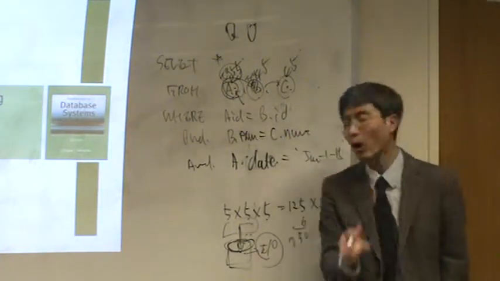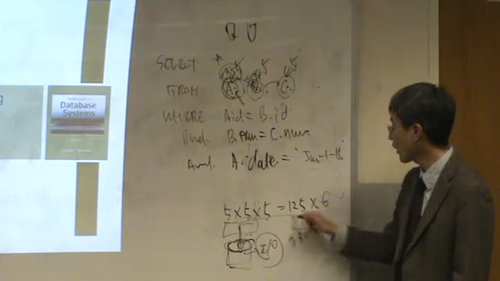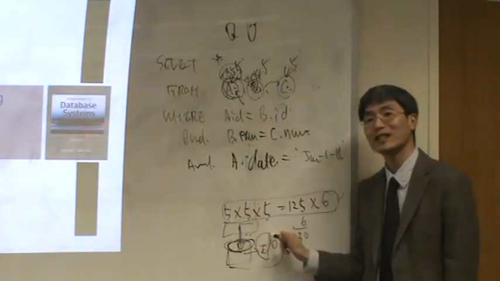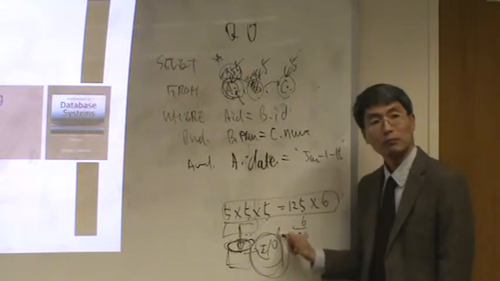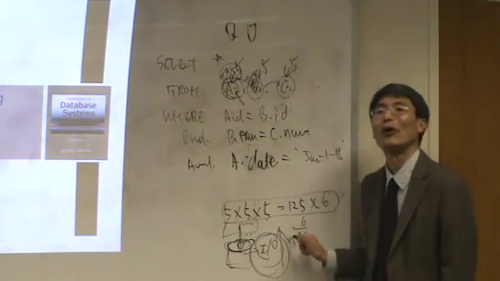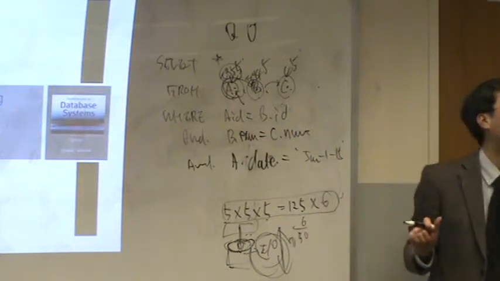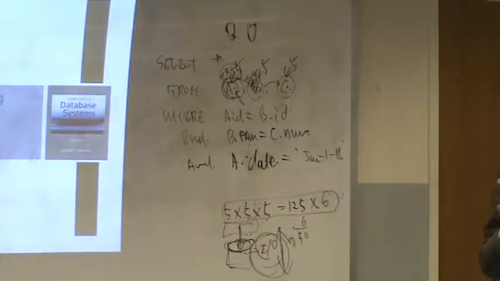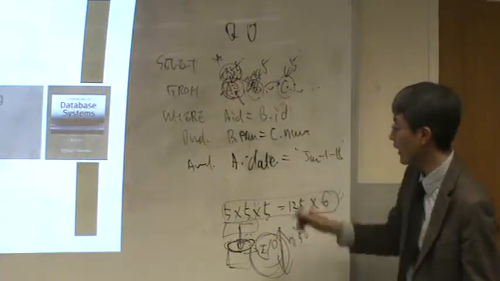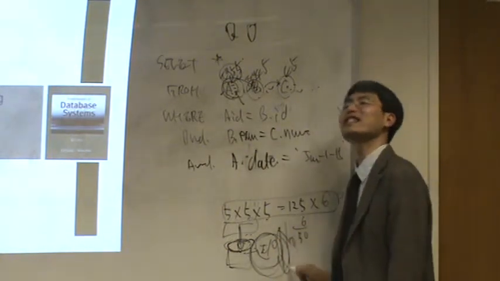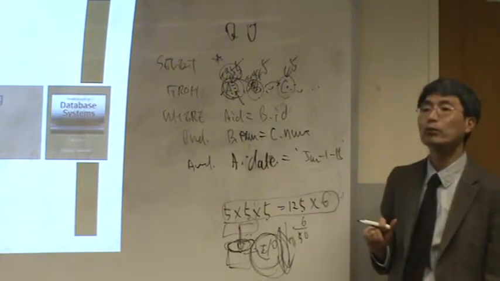Almost we can ignore it. So when we determine which one is the fastest, how can we decide? The number of I/O. Higher the better? No. The lower number of I/O. We will select the path or way to access the data that requires the least amount of I/O, input and output.